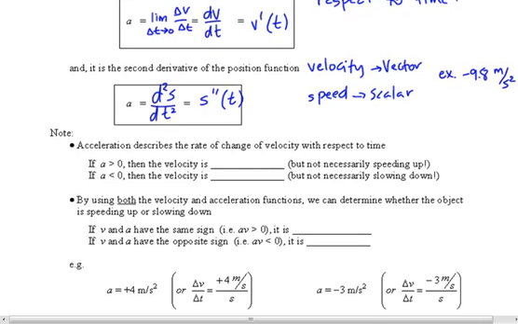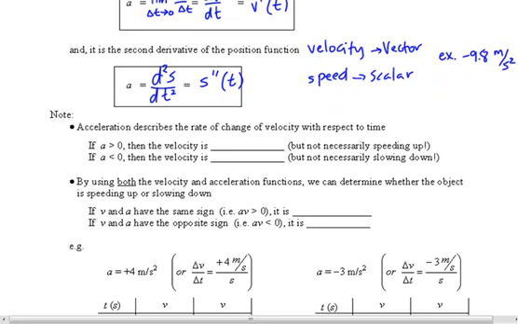The question, though, that we want to know is when is it speeding up or slowing down? We talked about this in Physics 10. Speeding up doesn't necessarily mean you have positive acceleration, and slowing down doesn't necessarily mean you have negative acceleration, because of its vector quality.